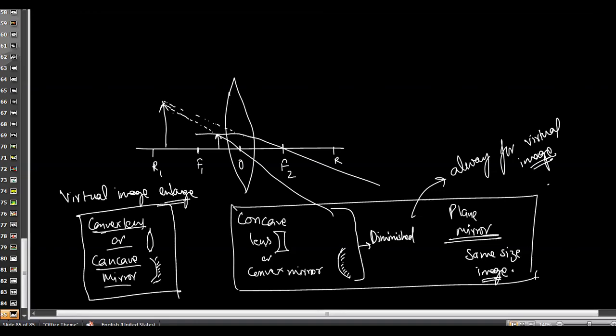If we have a diminished virtual image, it will be concave mirror or convex mirror or concave lens. Or if we have a virtual image of the same size, then it can only be formed by the plane mirror. Got it, beta?